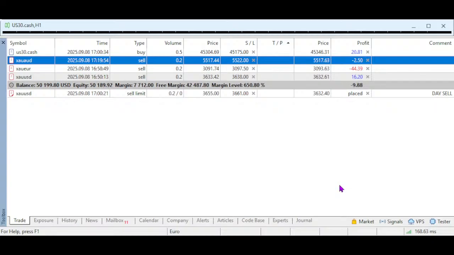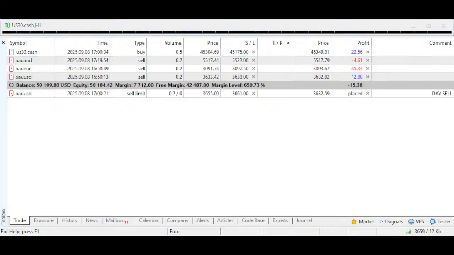So now just give some time. And let's see whether we can go for an add-on entry. For the add-on entry we need to see the price trading below the open.